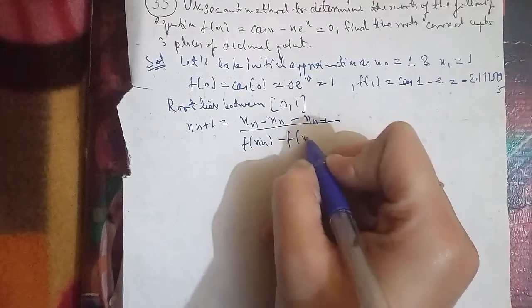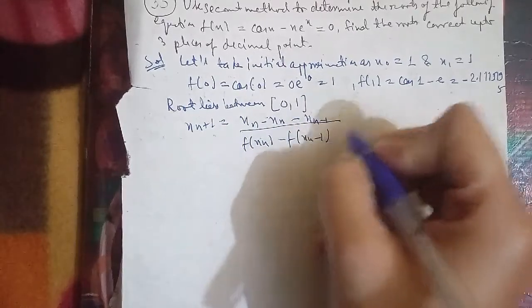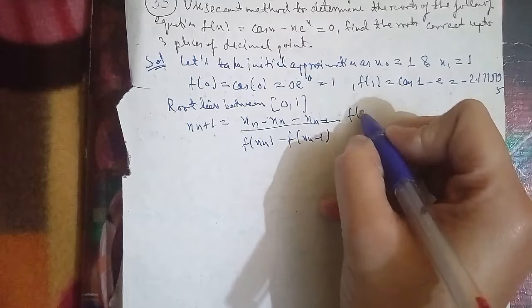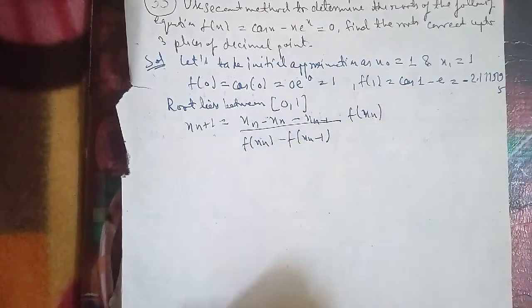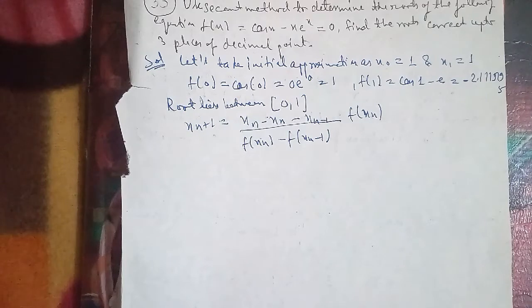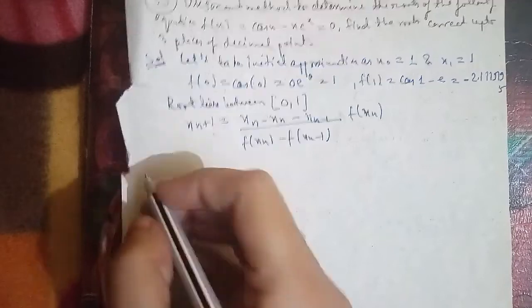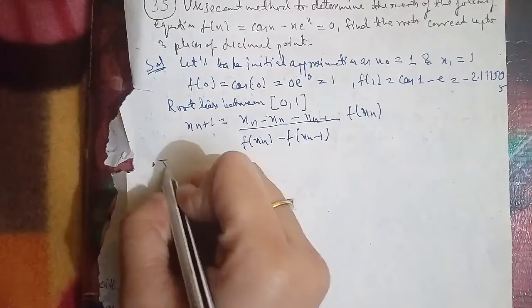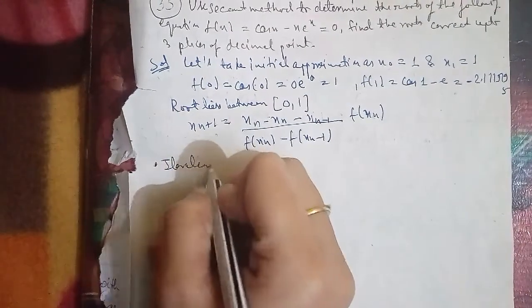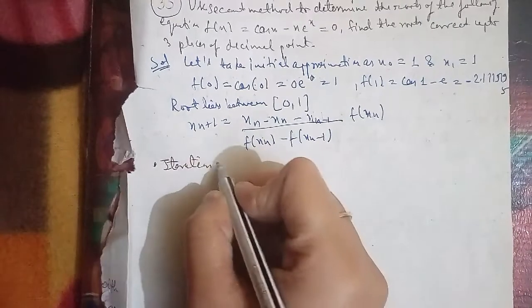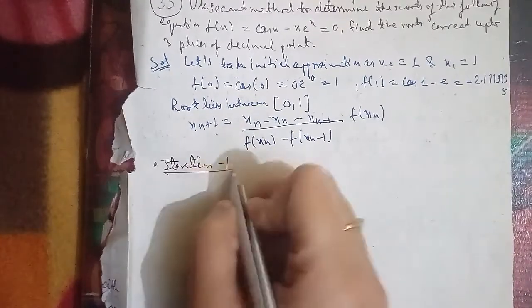So we go ahead for the same. Iteration 1. For the same we have, as I told you, we had found x0 and x1. So we'll find x2 here. So for the same we go ahead.